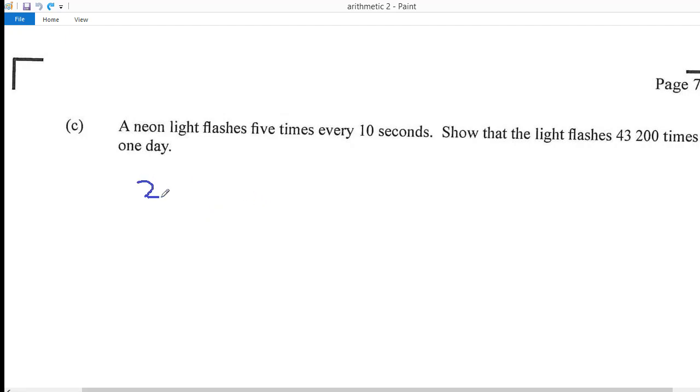So one day has 24 hours, and each hour has 60 minutes, and each minute has 60 seconds. So this is how we calculate the number of seconds in one day.